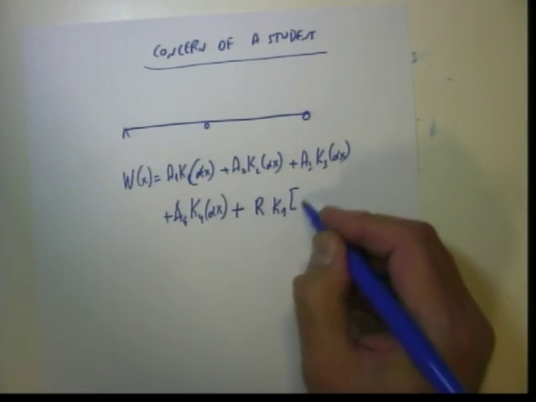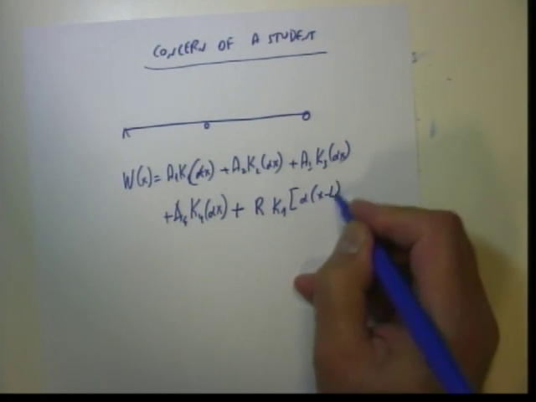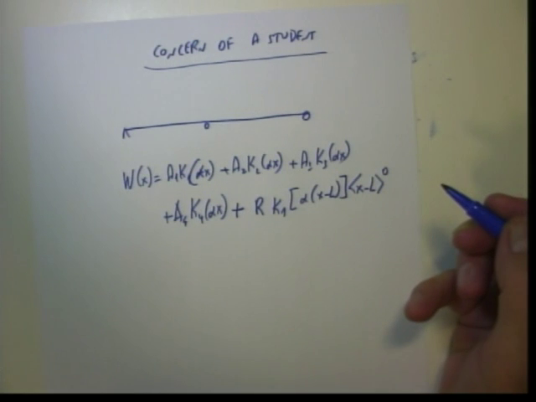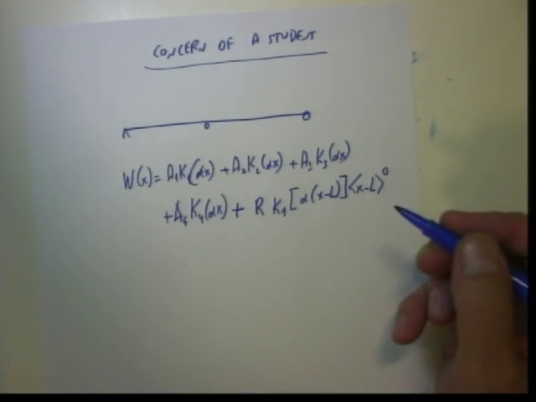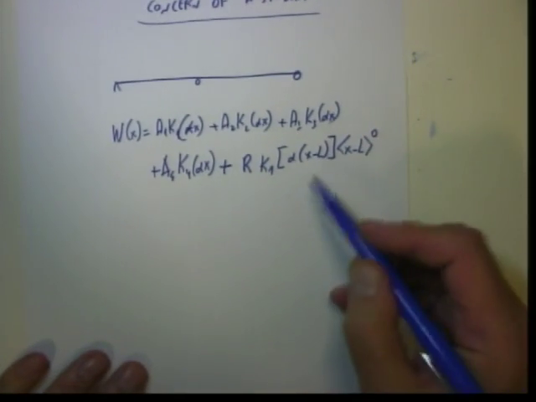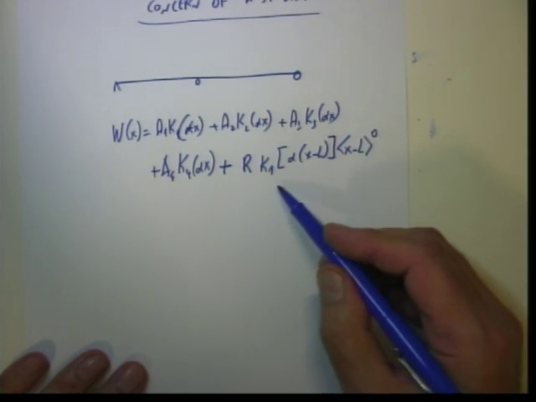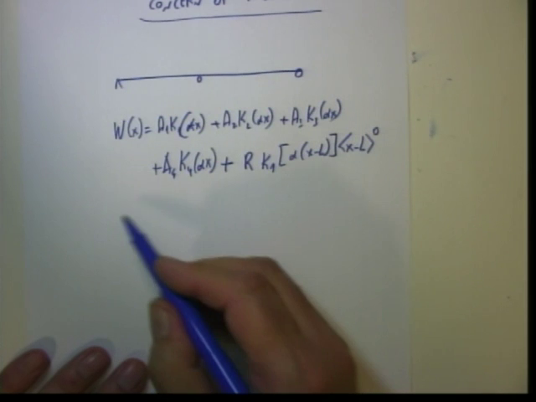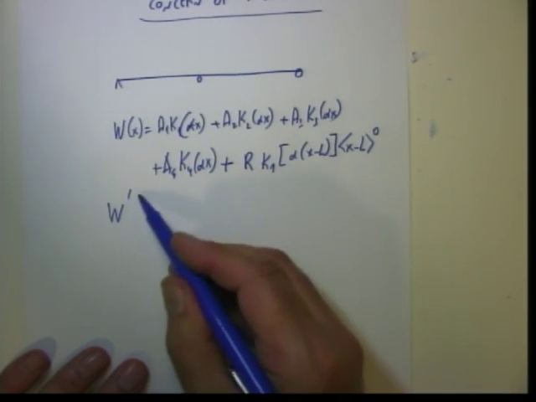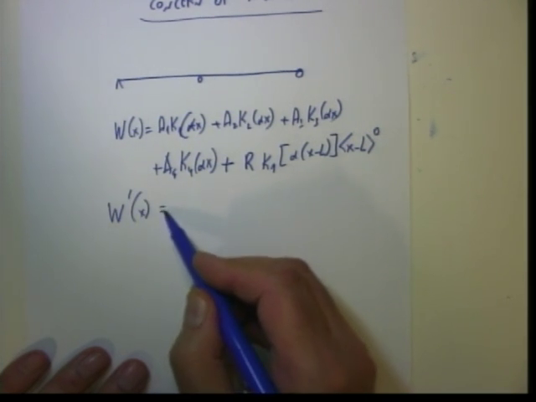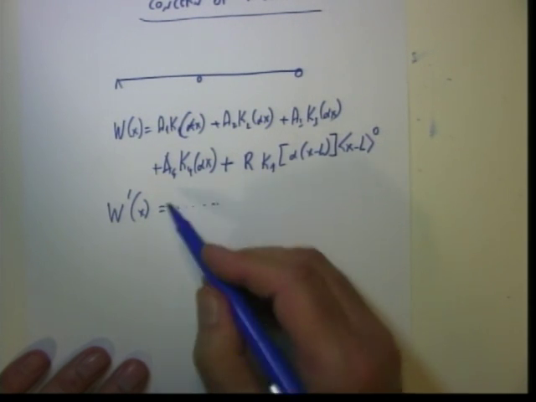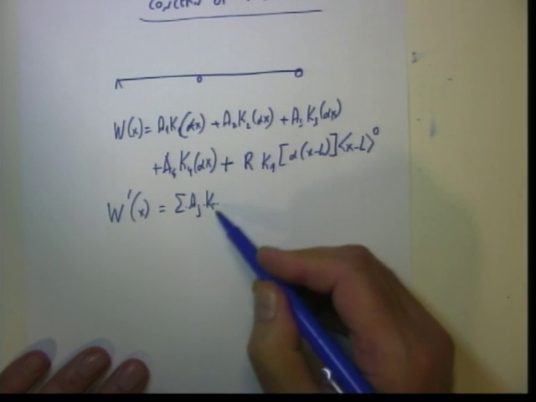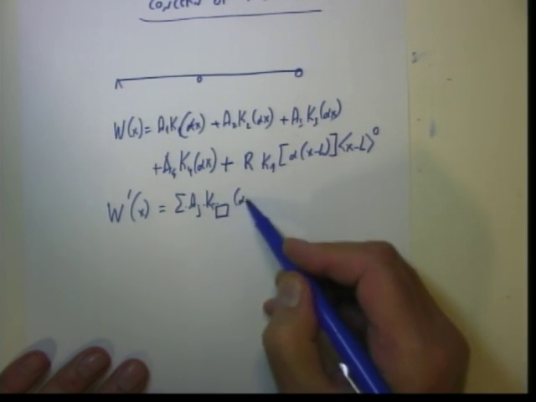K1 alpha x minus L, x minus L in zeroth power, okay? And then every time that I differentiated this, I always had x minus L zeroth power. For example, when I differentiated, I wrote like this, W prime x equals all of these summations with A sub j times k and whatever indexes are there, alpha x.